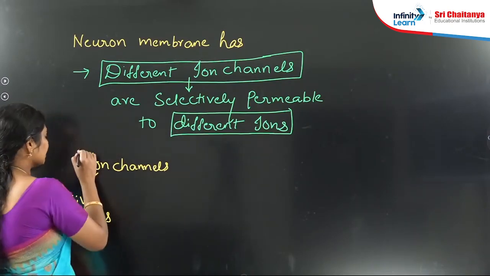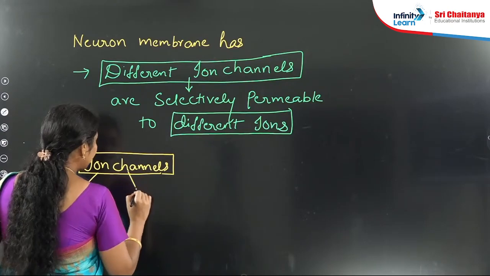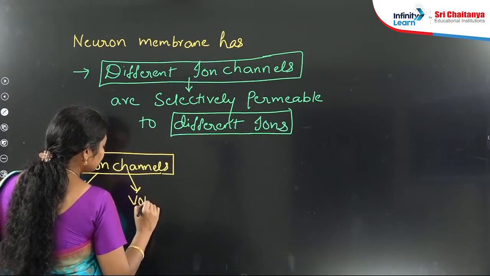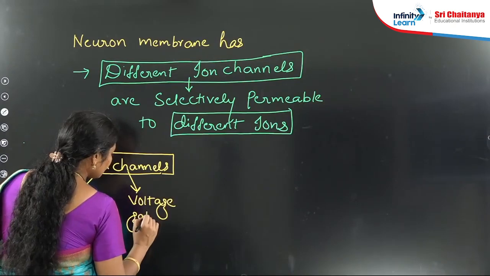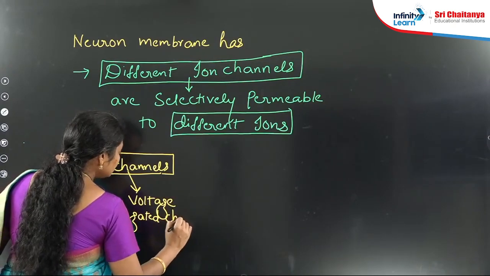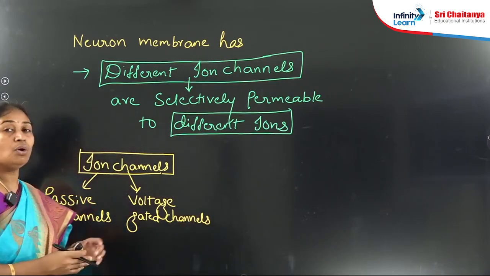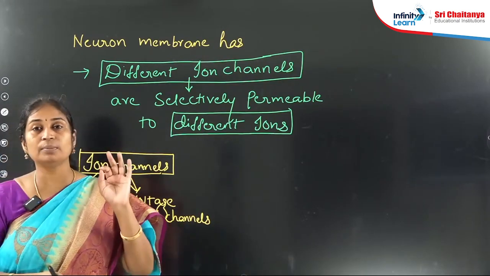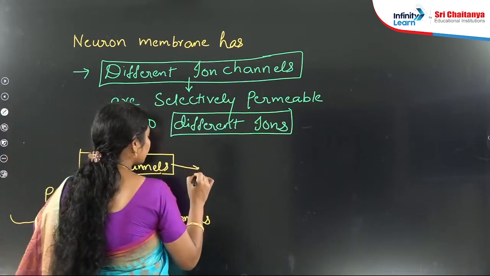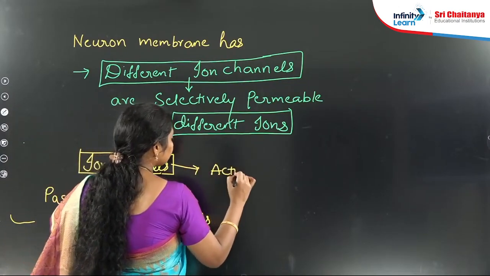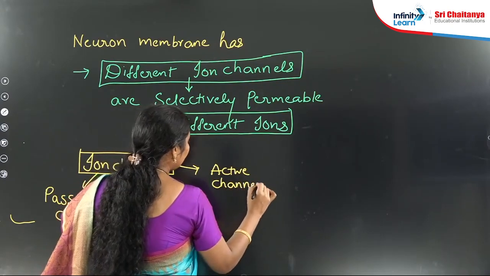Some channels are known as voltage gated channels. These voltage gated channels will open whenever some stimulus is given to the neuron. And the third one is the active channel.